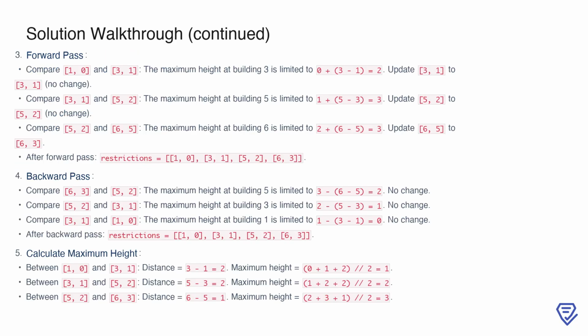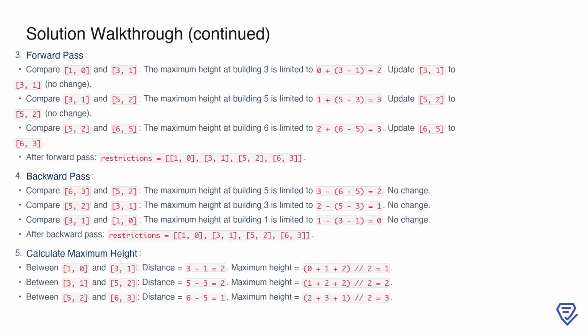The forward pass begins by comparing adjacent entries to ensure the constraints are valid moving left to right. First, we compare [1, 0] and [3, 1]. The maximum height at building 3, calculated as 0 plus 3 minus 1 equals 2, is greater than the current restriction height of 1, so no changes are made. Next, comparing [3, 1] and [5, 2], we find the maximum height at building 5 is 1 plus 5 minus 3 equals 3, which is greater than or equal to the current restriction height of 2, so no updates are needed.